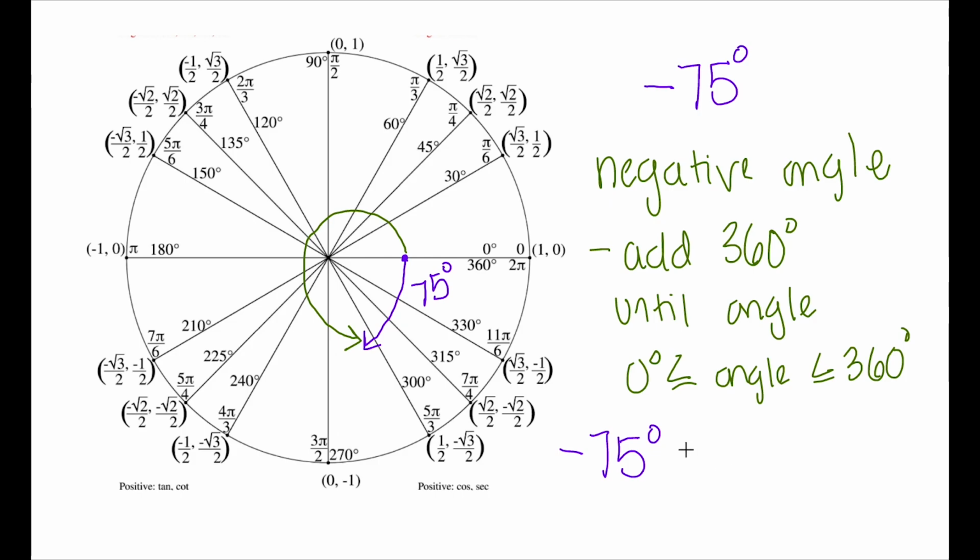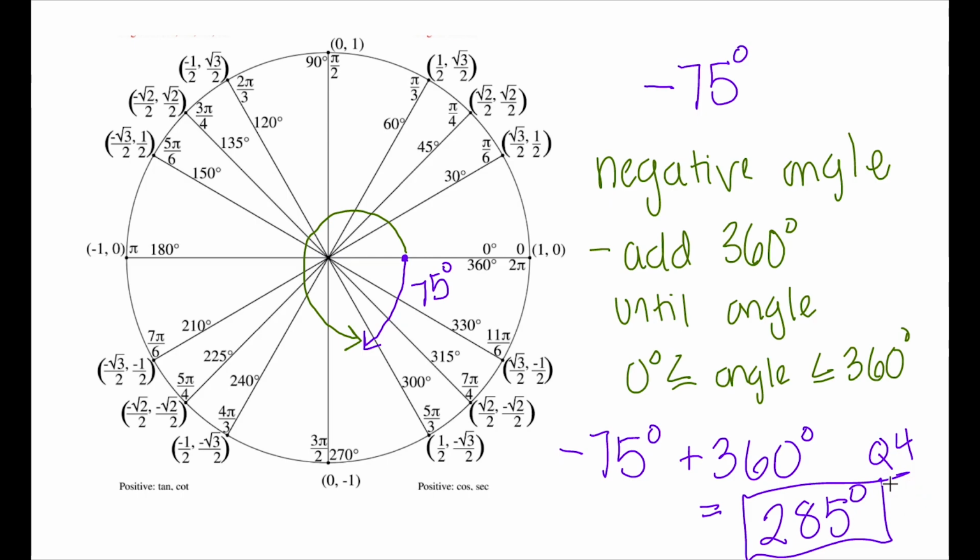Negative 75 degrees plus 360 degrees is 285 degrees. That's in quadrant 4, and that's my answer. That's between 0 and 360.